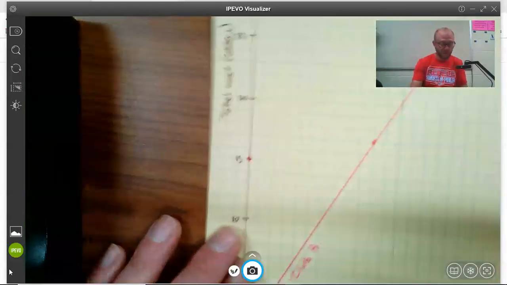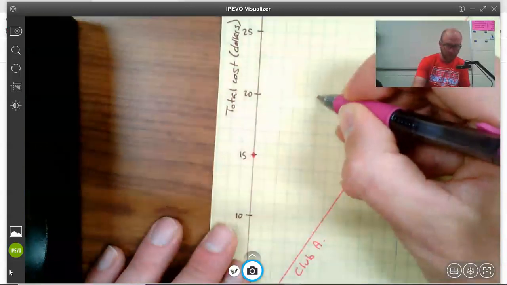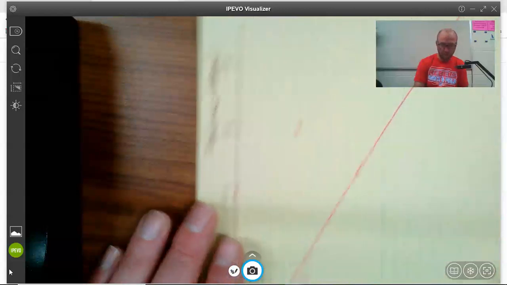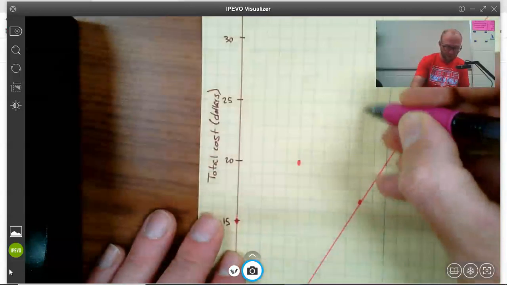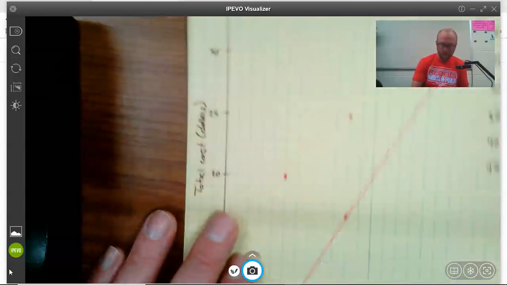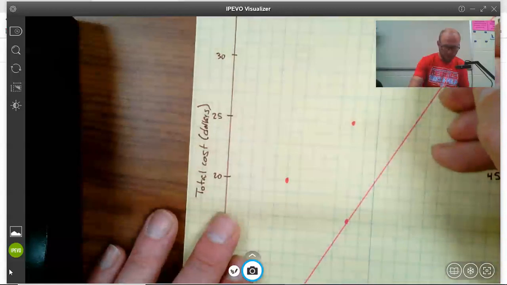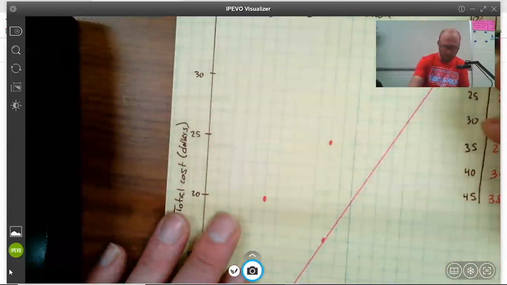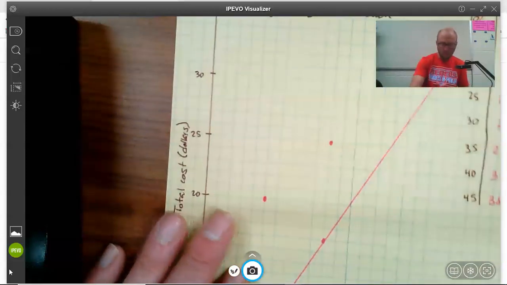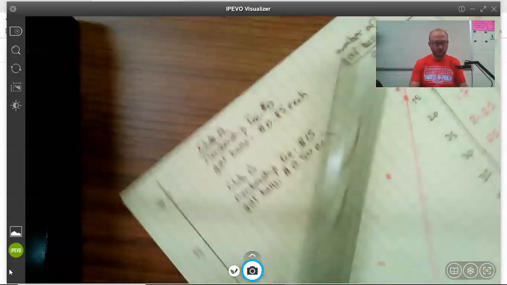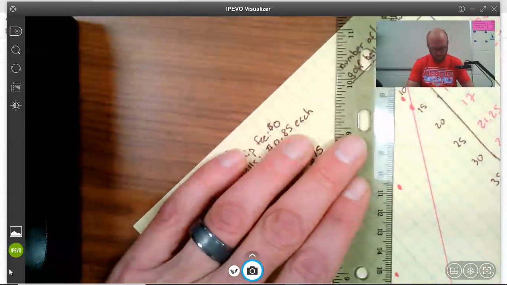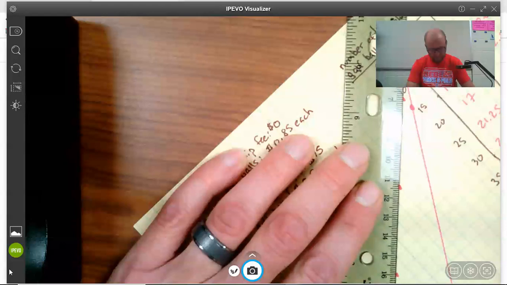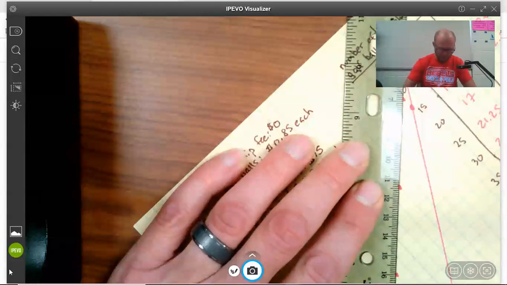So we'll plot some of these points. I'm going to go ahead and draw these. Again, my table and my graph are going to overlap a little bit.